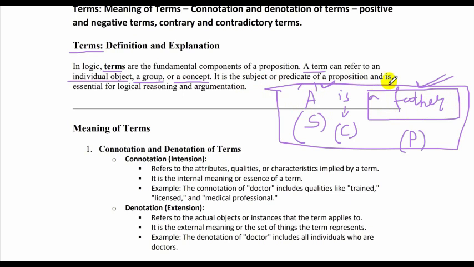So basically a term is either a subject or a predicate. It could be representing an individual object like A, or a class like father, or a concept like beautiful. And it is essential for logical reasoning and argumentation. So I hope you have understood the definition of term.